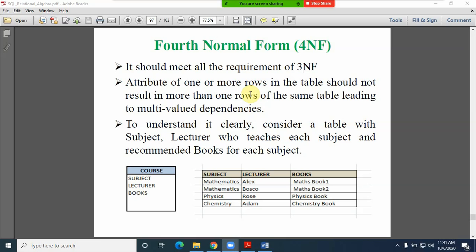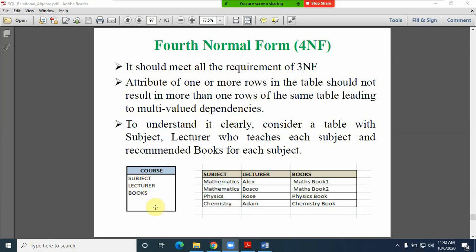One fundamental aspect is that the moment I try to access some data, I should get the data without any ambiguity. And here is a small modification, friends. In the case of the fourth normal form, if I select an attribute and that attribute gives multiple values related to that particular data, then we need to avoid that. So observe here once more, I am reading: attribute of one or more rows in the table.